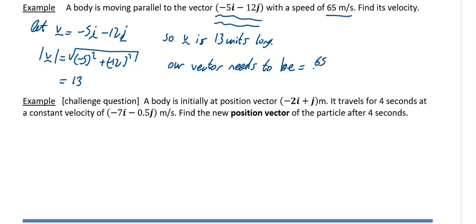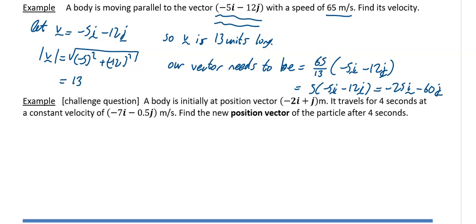That's the same as multiplying by 65 over 13 times the minus 5i minus 12j. And we're just going to do that on our calculator. First of all, it's quite a nice one because 65 divided by 13 is just going to be 5. So it's just 5 times minus 5i minus 12j. And when you work it out, you get minus 25i minus 60j, and I should put that in a bracket. That's my meters per second.